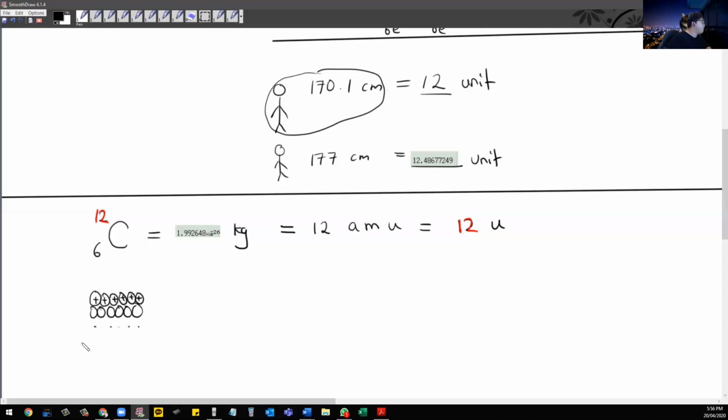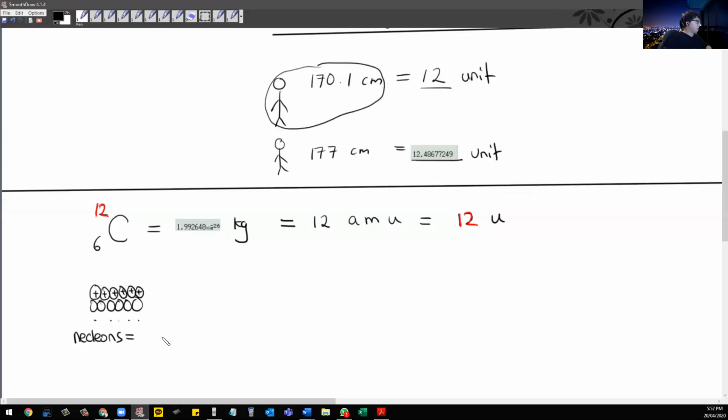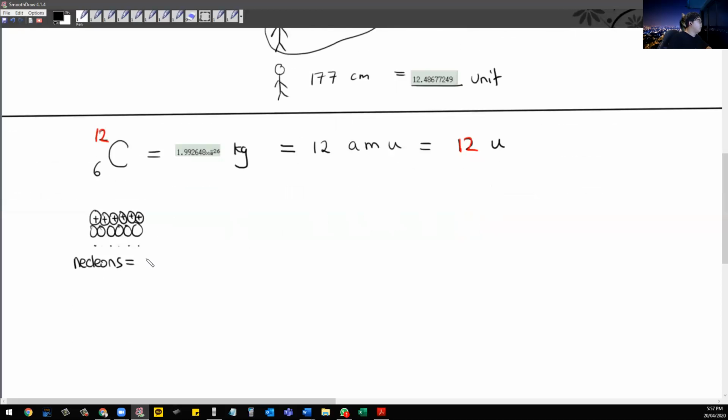So how many nucleons are there, girls? How many nucleons? You guys know what nucleons are? Nucleons are the inhabitants of the nucleus. So what's in the nucleus?